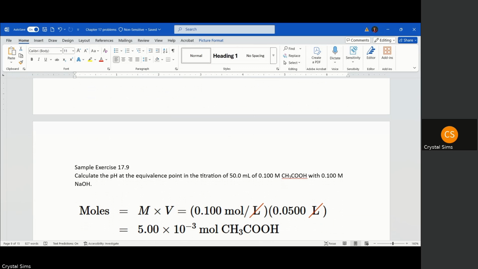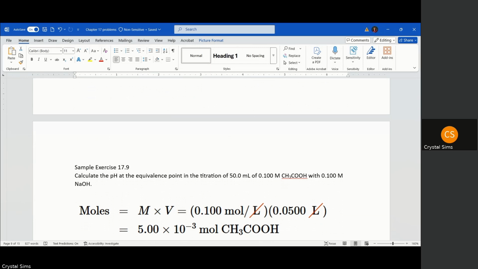Having 5.00 times 10 to the negative 3 moles of acetic acid means that that same amount of acetate ions will form. So we're going to have 5.00 times 10 to the negative 3 moles of acetate ions.